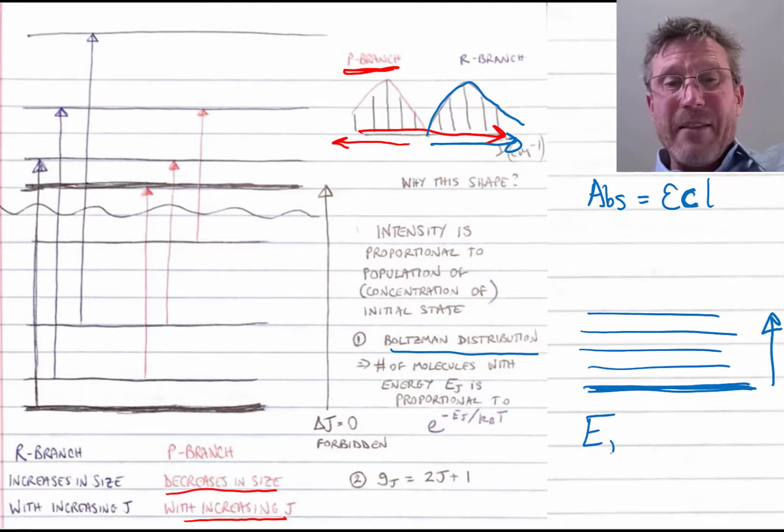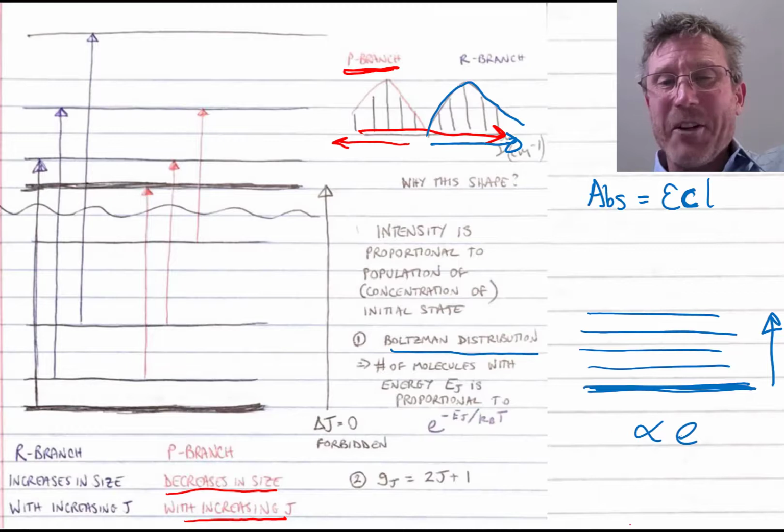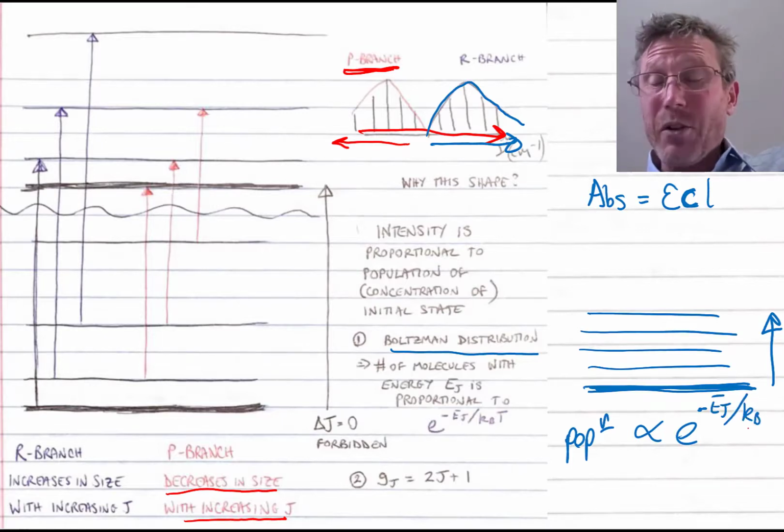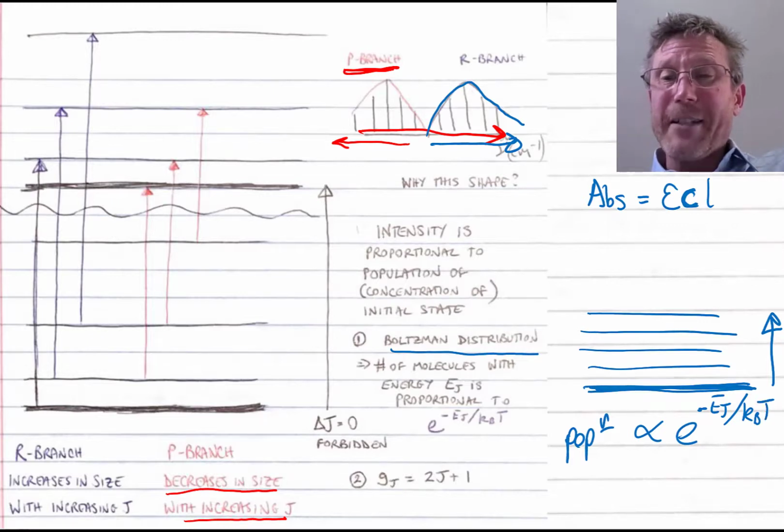The population is proportional to e to the minus E_J over k_B T. That's the Boltzmann constant multiplied by temperature.